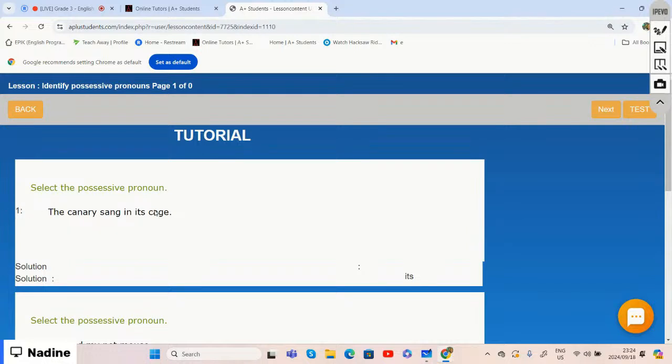We say the canary sang in its cage. What is our possessive pronoun within the sentence?